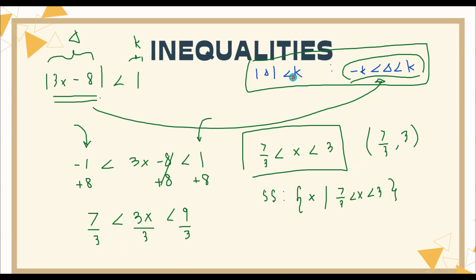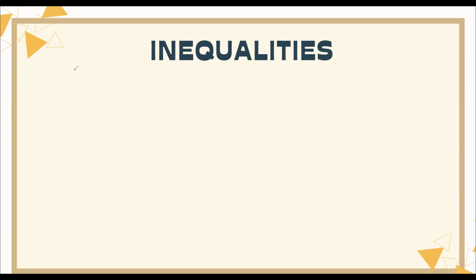So this is if your equation is less than k. So let's try one where it is greater than k. So we have the absolute value of 3 minus 1 half x is greater than or equal to 7.